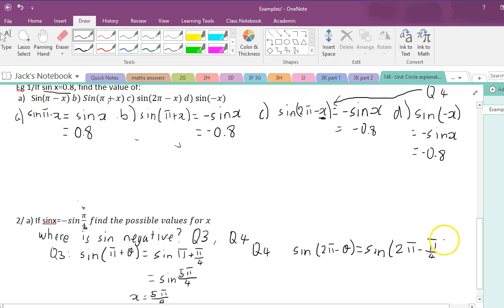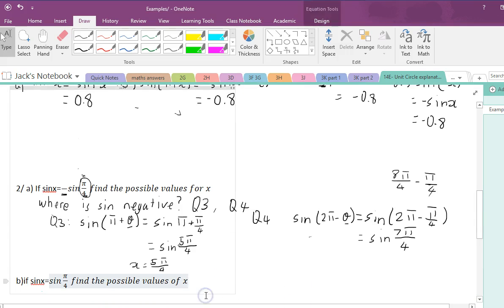So 2 pi is the same as 8 pi on 4 minus pi on 4, so it's equal to sine of 7 pi on 4. Okay, so key steps here is identifying where sine will be negative and then substituting in this reference angle into those values of theta. Okay?